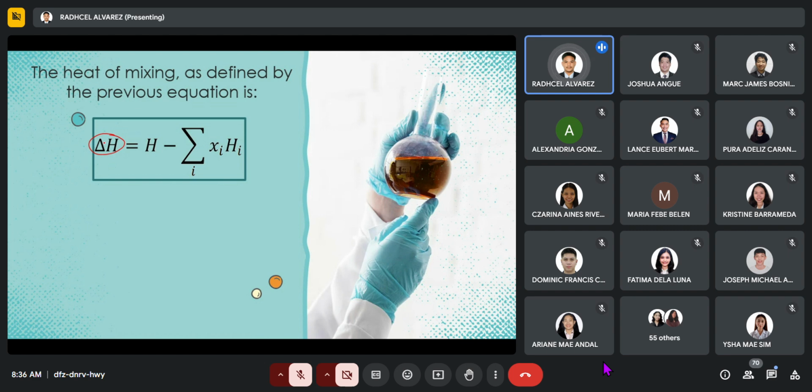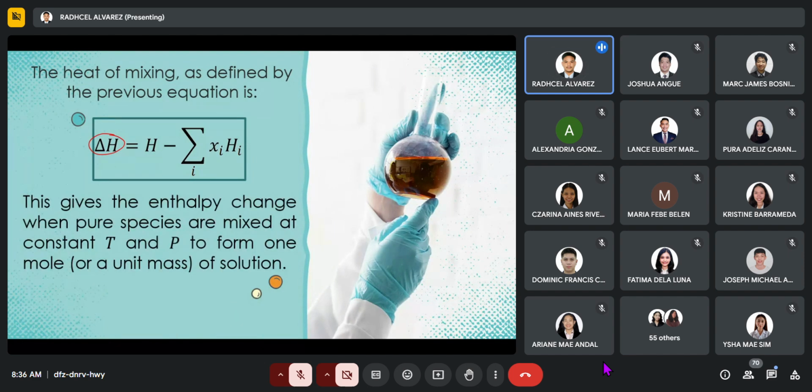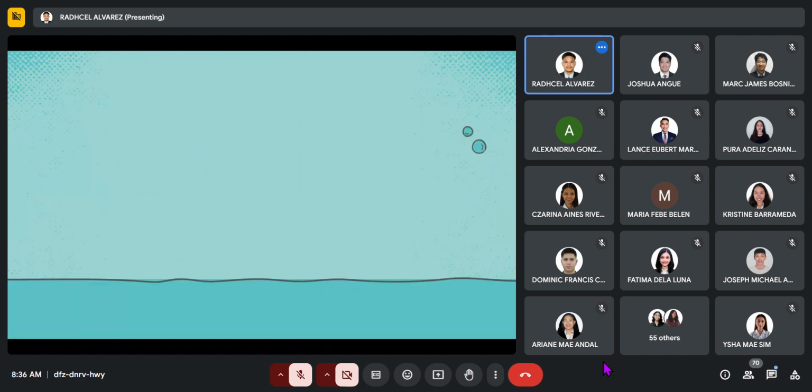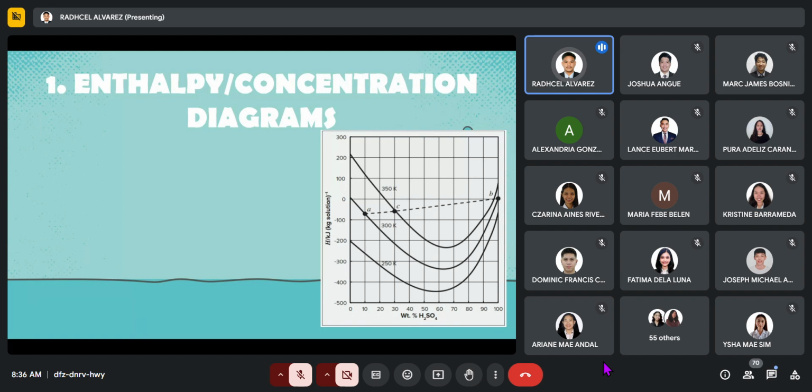Ano? So, kapag delta H ay the property changes of enthalpy due to mixing. Okay? So, this gives the enthalpy change when pure species are mixed at constant temperature and pressure to form 1 mole of a solution.